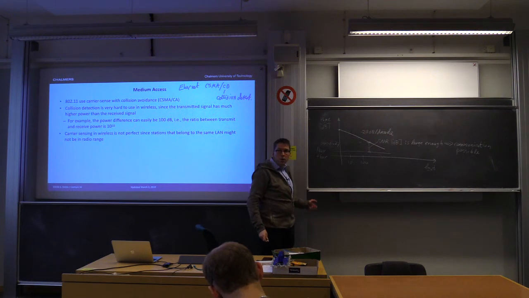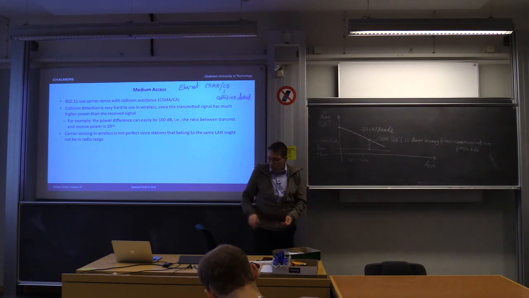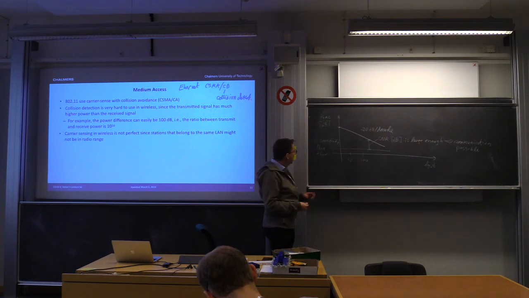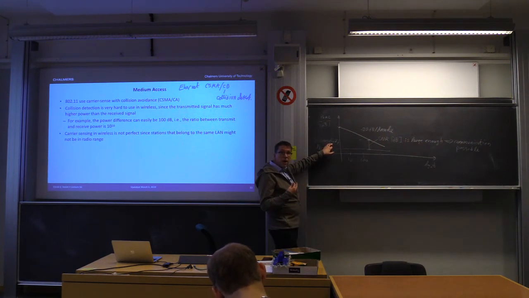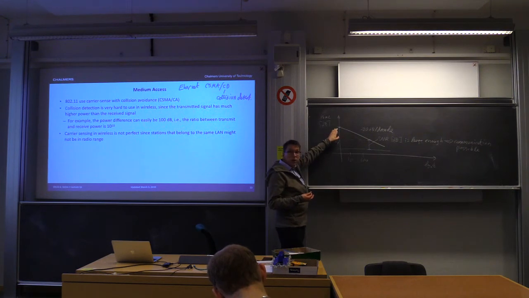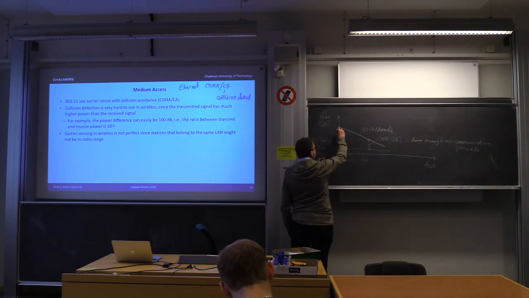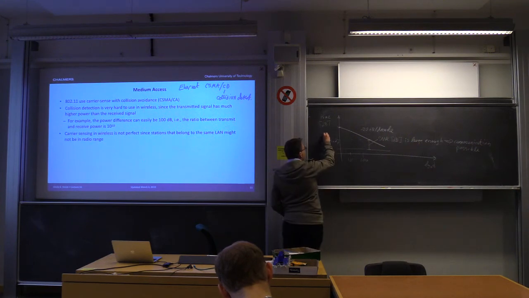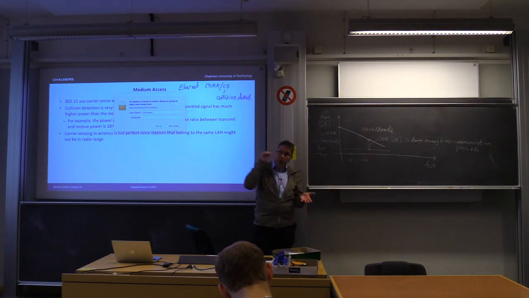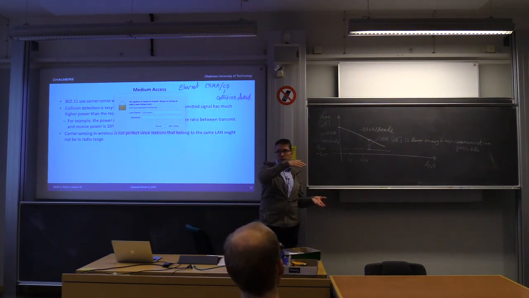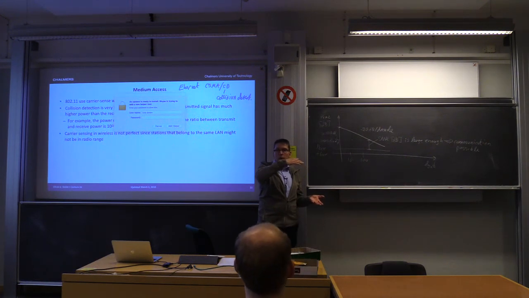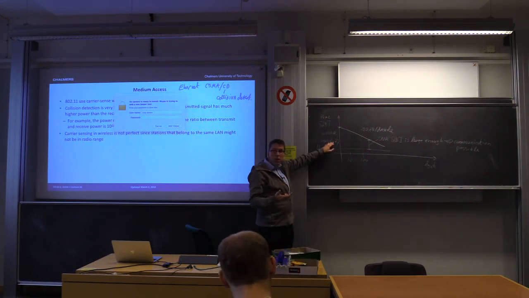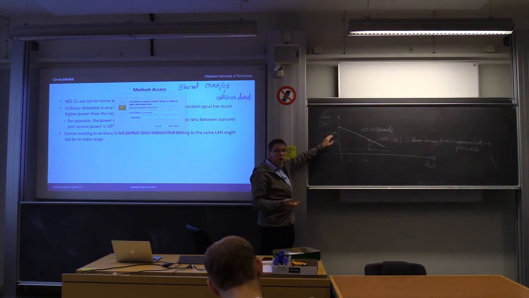So the sensitivity is the smallest receive power we can have for this to work, while the transmit power here is the maximum power we allow to transmit. And the difference between these could easily be in the order of 100 dB. So the difference between the maximum allowed transmit power and the smallest power we need in order to communicate could be 100 dB.